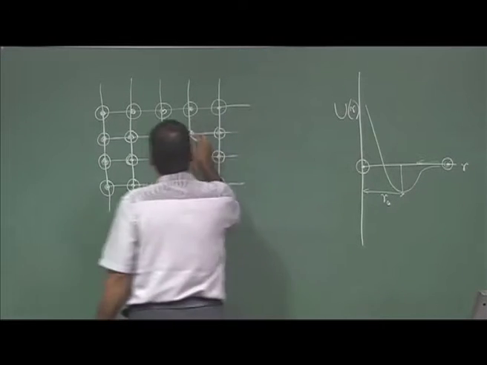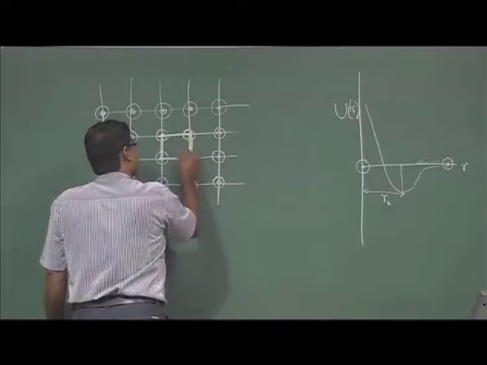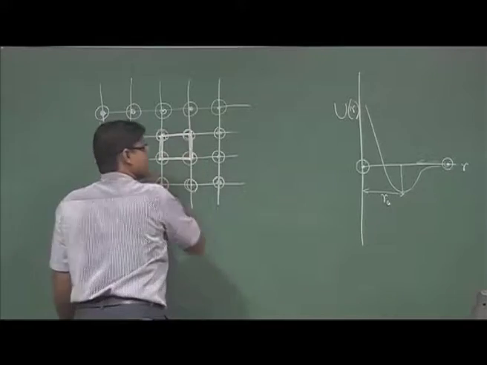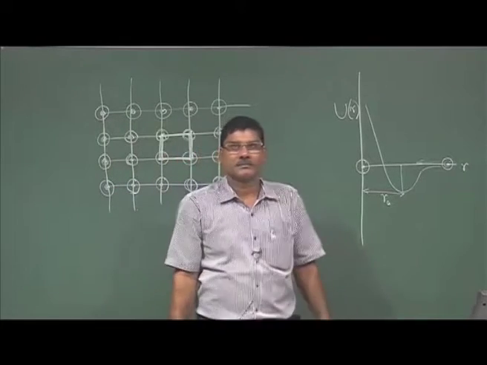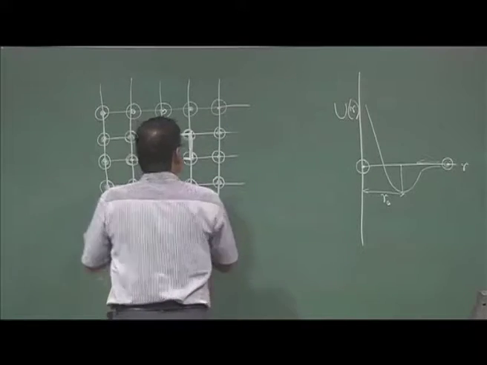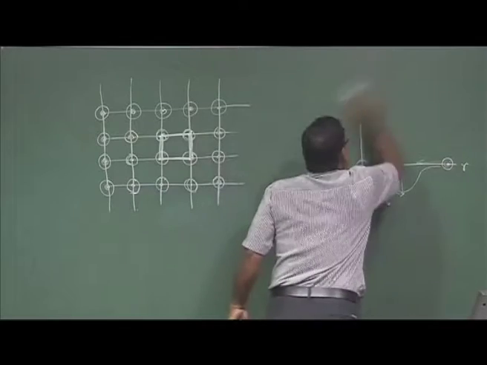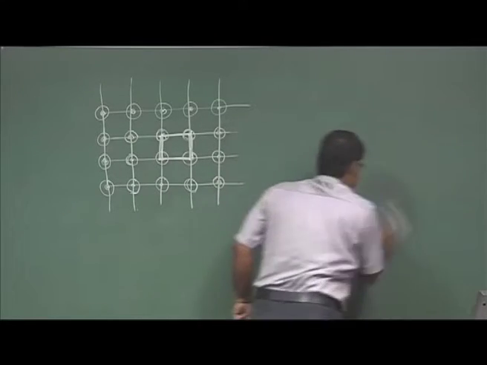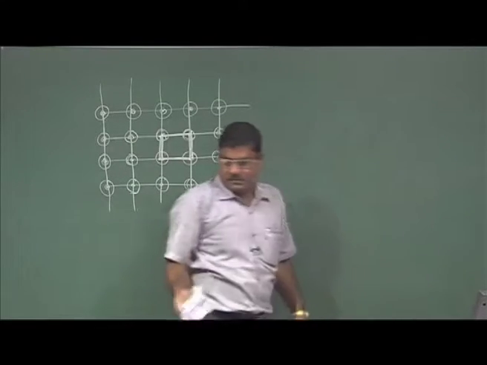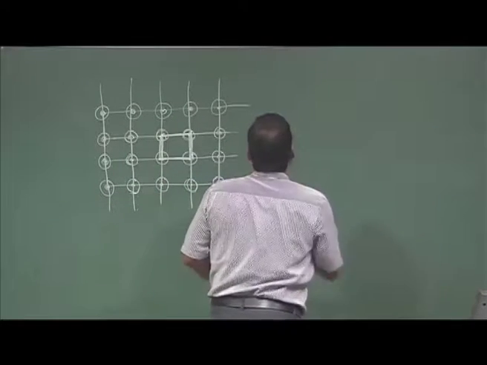So, if I know the pattern unit of a crystal structure, and now if I repeat this pattern unit, then we can get the same structure of that crystal.